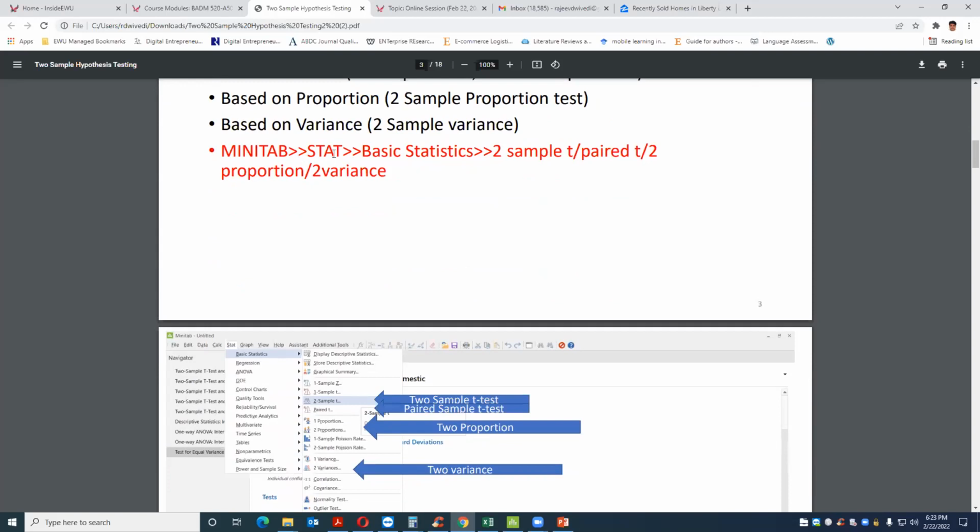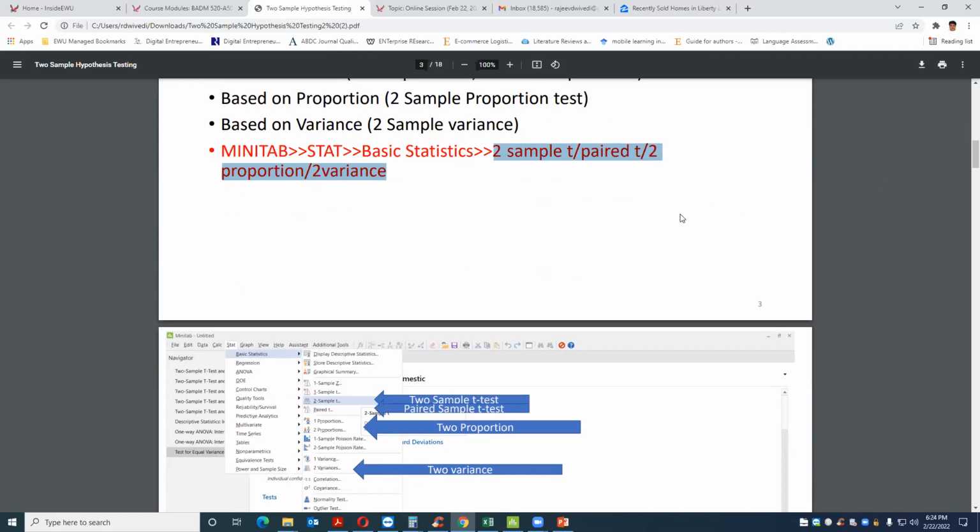Under Minitab, you go under statistics, basic statistics, and you choose the correct option. Sometimes you get confused about which option has to be selected. We have only 29 students as of now in the class, and actually there are 240 students.